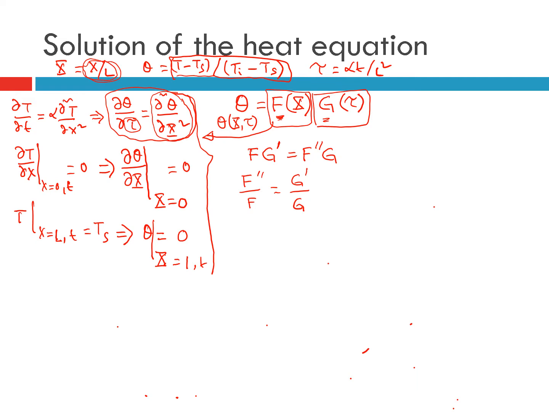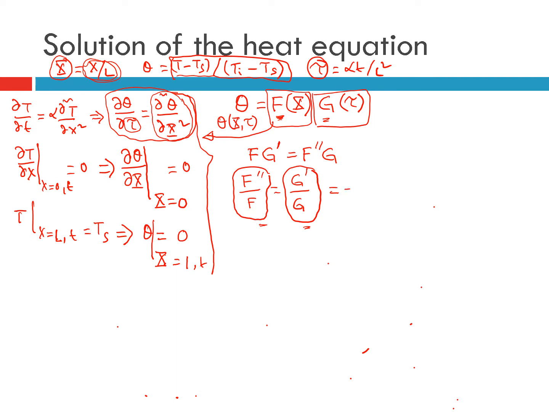So here we use the logic that, look, left hand side is a function of position only and right hand side is a function of time only, and time and position are independent variables. Tau is independent from position X. So functions of two independent variables, if they're equal to each other, then they must be equal to a constant.